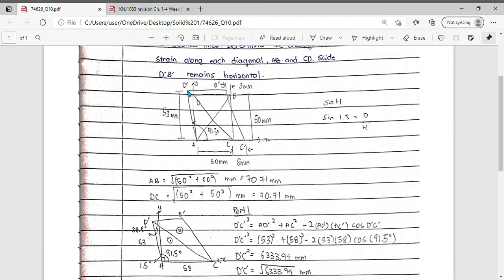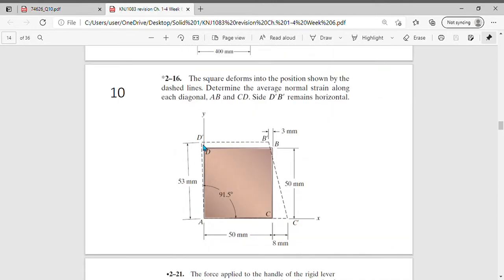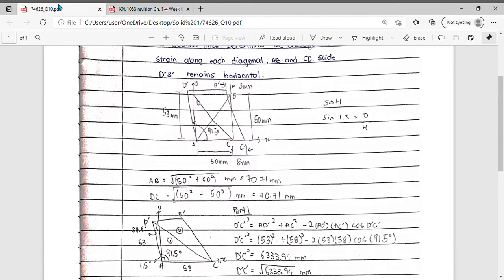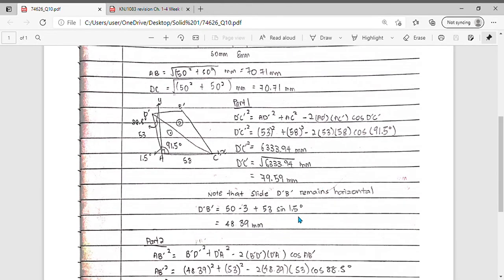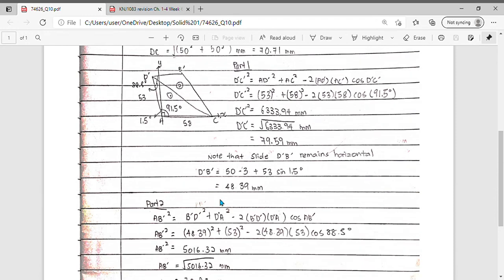The opposite line is D prime. So after we got 53 sine 1.5 degrees, we add it to 50 minus 3, which is the B prime measurement, and we got 48.39 millimeter.